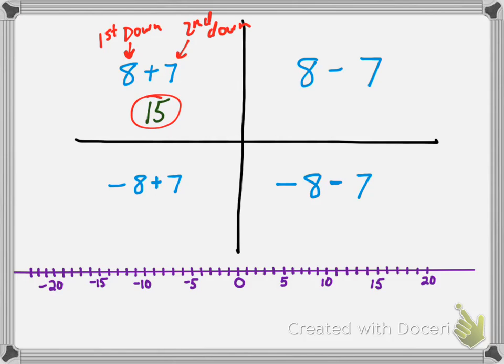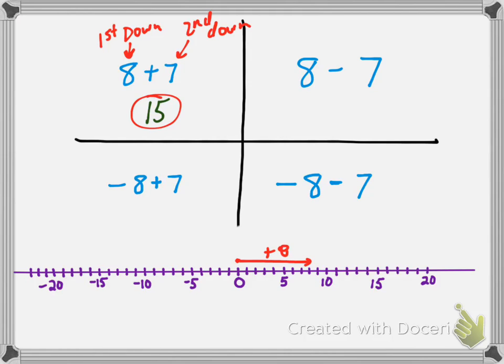We're going to use that same strategy here, and I know you know that 8 minus 7 is 1. But what I want you to see a little bit better than maybe you've been seeing is that 8 minus 7 means 8 in the positive direction. So you always start at 0. You go 8 in the positive direction, so that's positive 8.